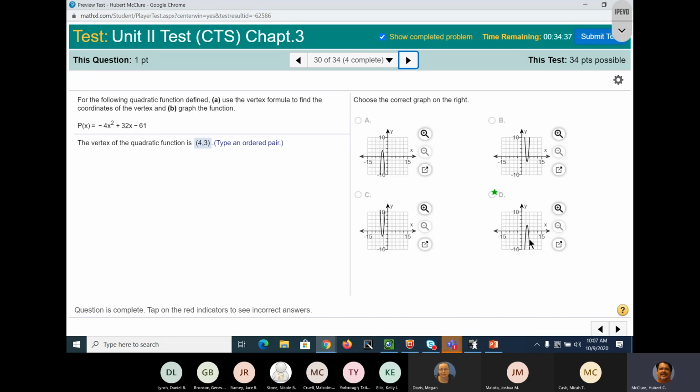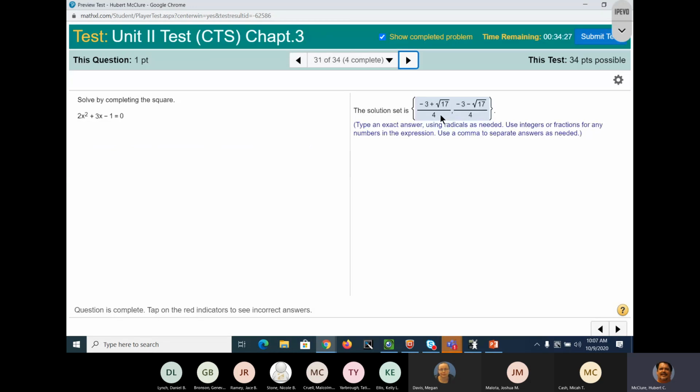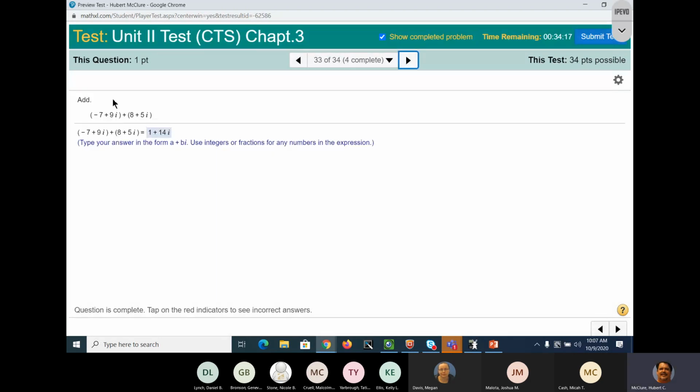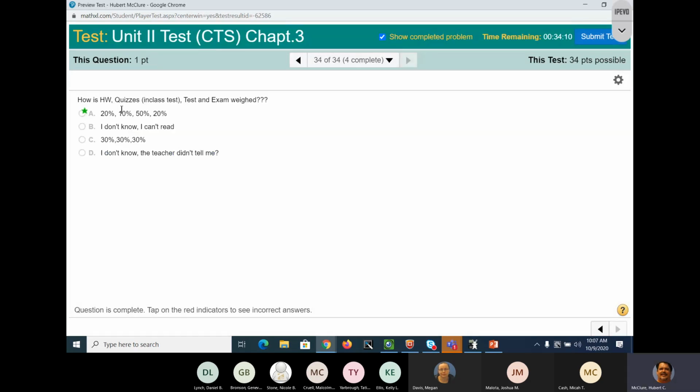So find the vertex, or you could graph it on your calculator and it will tell you. And that's completing the square. Make sure you put it in terms of x and y. And the last couple, same thing. We did one of those. And that's equal to 100.